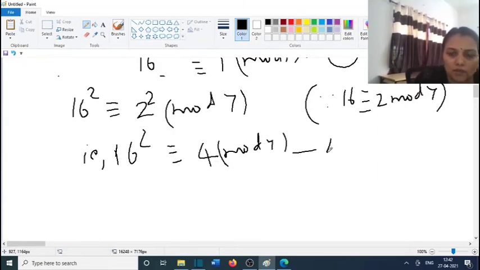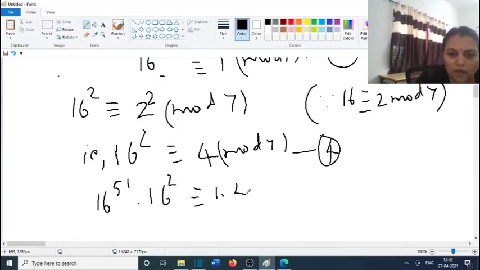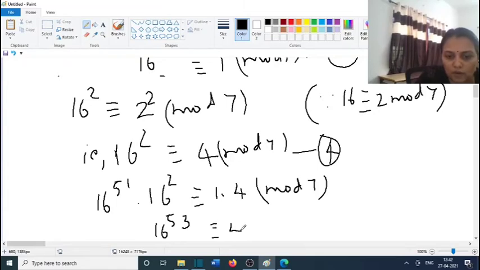This is equation 4. Now we have to multiply 3 into 4. 16 raised to 51 into 16 square is congruent to 1 into 4 mod 7. That is, 16 raised to 53 is congruent to 1 into 4, which is 4 mod 7.